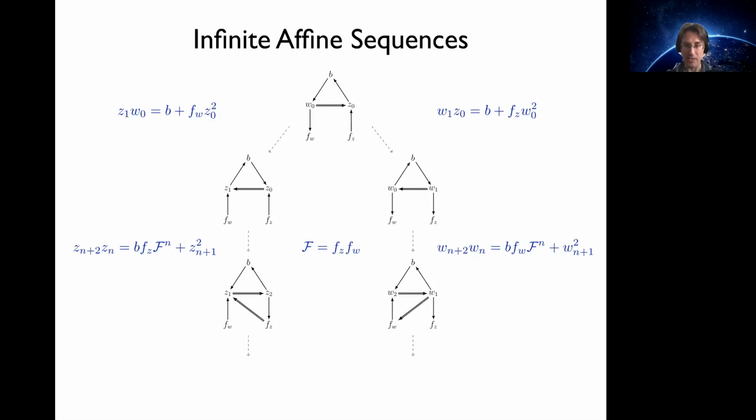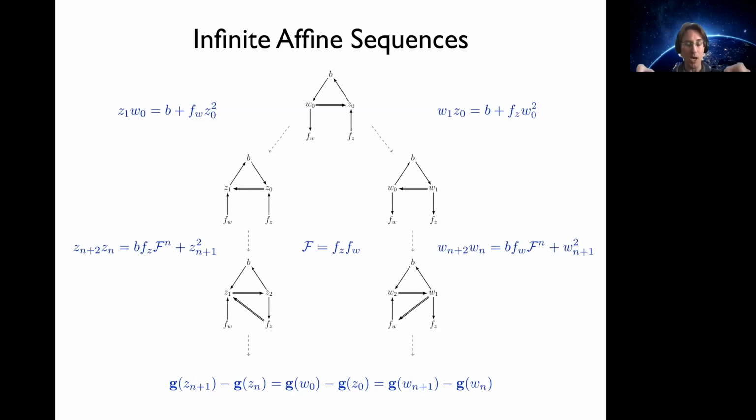What about the G vectors? If we think about the G vectors, we find very quickly that as we perform this mutation, the difference between the G vector for the next A coordinate, which I've called Z here or W, and the previous one is constant. It's actually the G vector for W0 minus the G vector for Z0. And that happens in both directions.